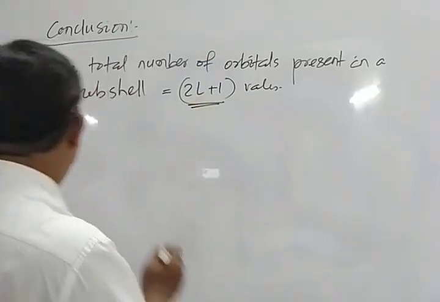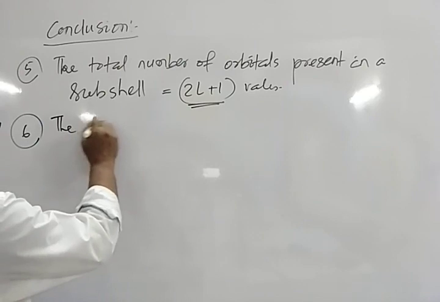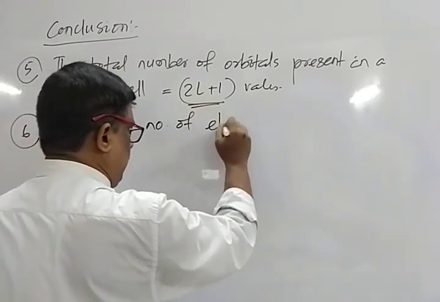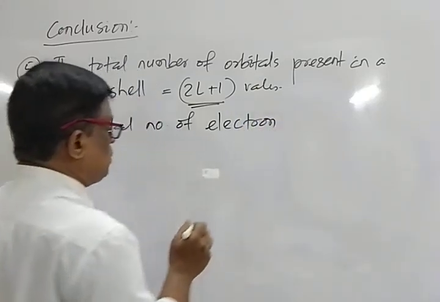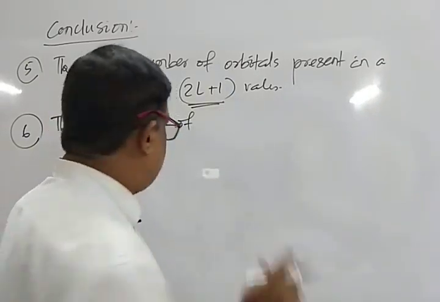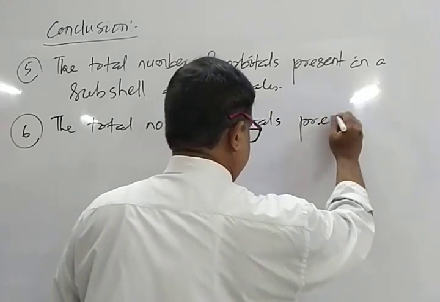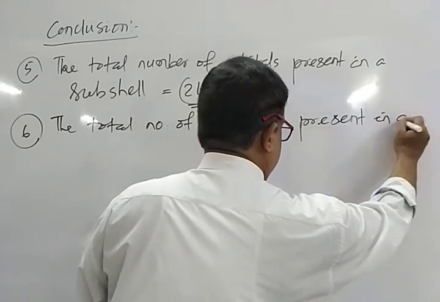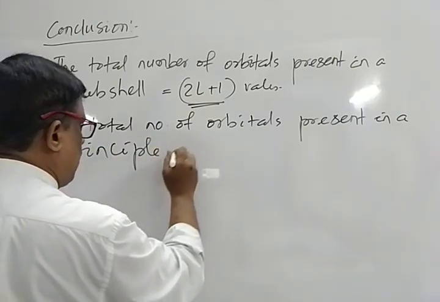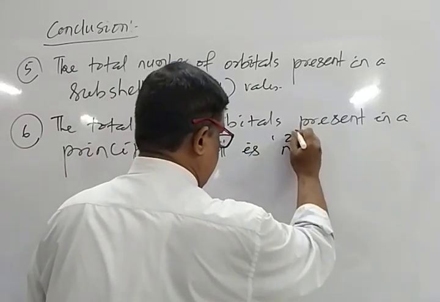Next point is total number of orbitals. The total number of orbitals present in a principal cell is n square.